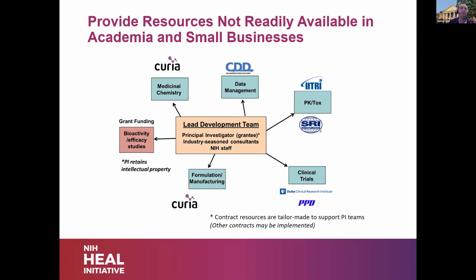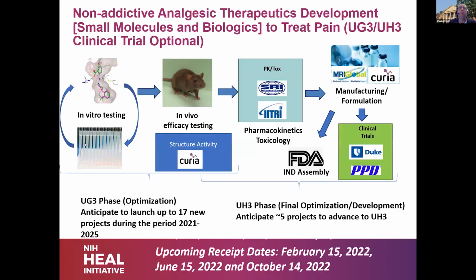It takes small molecules and biologics, so as we add the contracts for BPN Bio this spring, they'll be able to be leveraged in this program as well. We hope to launch up to 17 projects, and we just started in 2021, and we hope to advance at least 5 of those to the UH3 phase onto IND in the clinic.